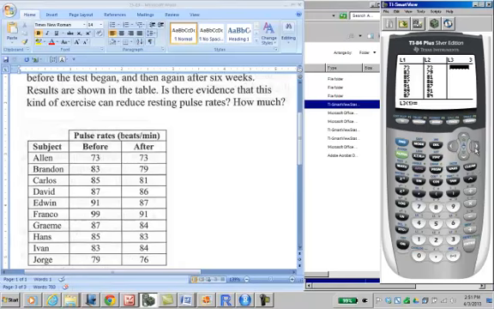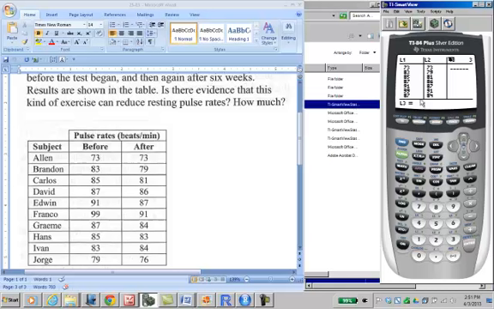And then we're going to arrow over to L3. We're hoping that the pulse rates went down, since one of the supposed effects of regular exercise is that it makes your heart beat more efficiently, so your pulse rate goes down. So if we subtract L2 from L1, then we should expect a positive difference.